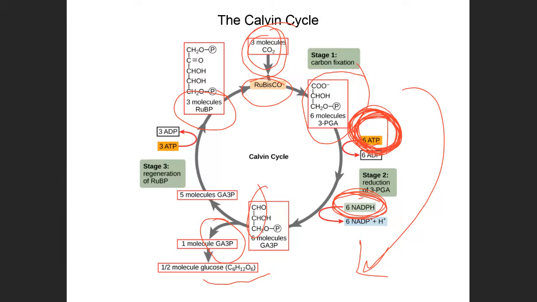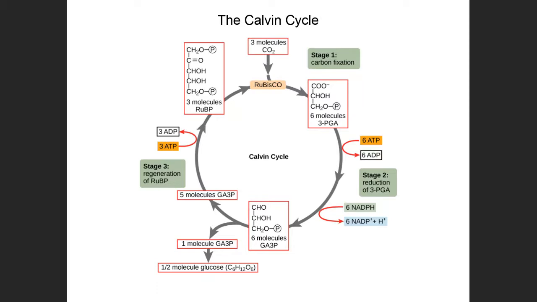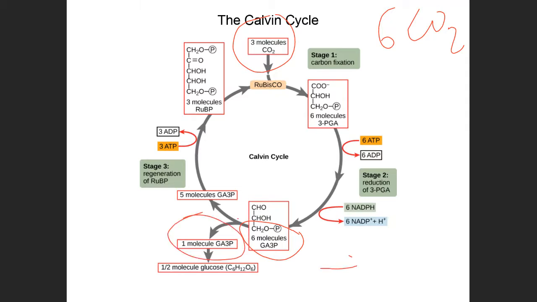So, first of all, 3 molecules of CO2, look at that, because I have 6 molecules of CO2 in the beginning, will produce a molecule of glyceraldehyde triphosphate. One of them will come out. I don't make my molecule of glucose yet. And then the rest are going to regenerate the ribulose bisphosphate, because this is a 5-carbon molecule.